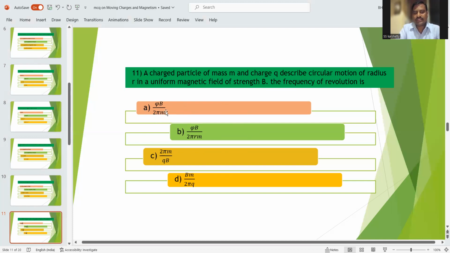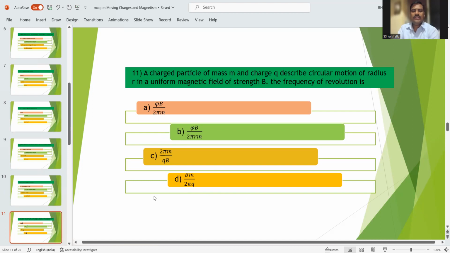So option A is the right answer, because frequency of revolution f equals qB divided by 2 pi m. Radius will not come in. 2 pi m divided by qB, no. Bm divided by 2 pi q, no.